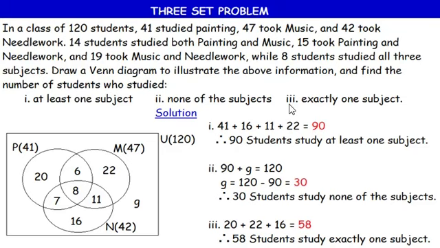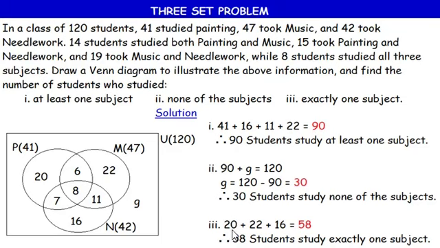Okay, let's go to the last question. Find the number of students who studied exactly one subject. Exactly one subject. So this is simple. So all that they're asking you to do is add up those who study painting only to those who study music only to those who study needlework only. So you're simply going to get 20.